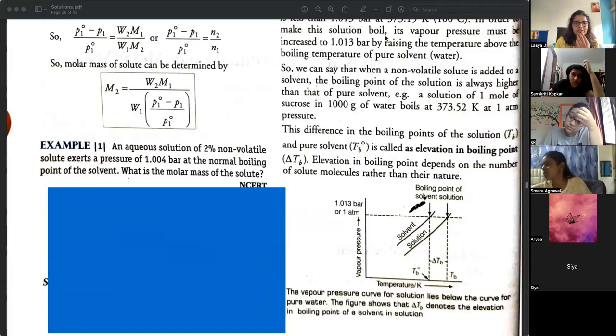So an aqueous solution of 2% non-volatile solute exerts a pressure of 1.004 bar at the normal boiling point of the solvent. What is the molar mass of the solute?